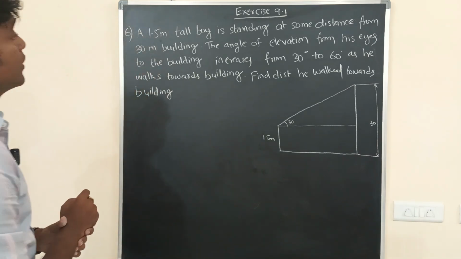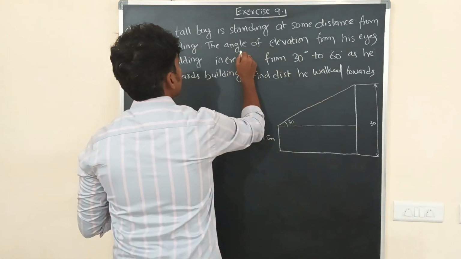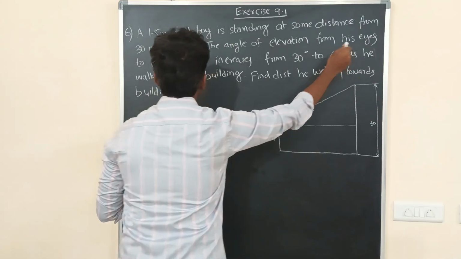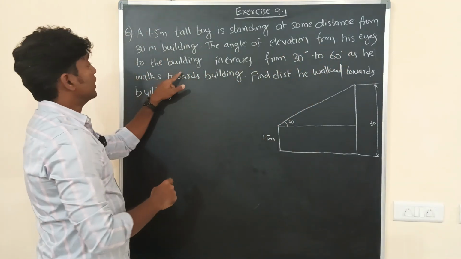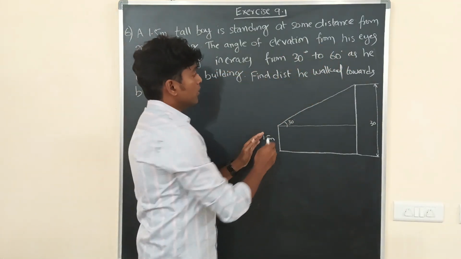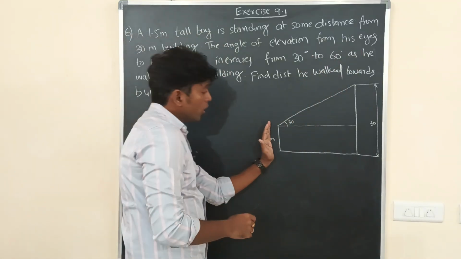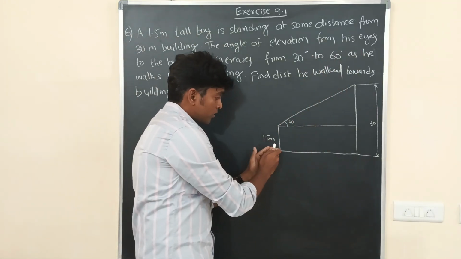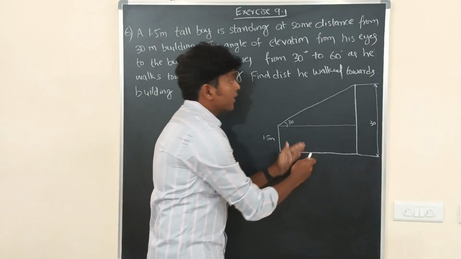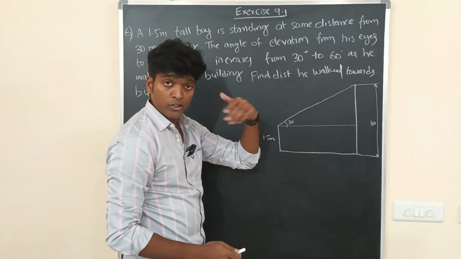Now, what are they saying? The angle of elevation from his eyes to the building increases from 30 to 60 as he walks towards the building. So this person is walking towards the building and the angle of elevation increases to 60.